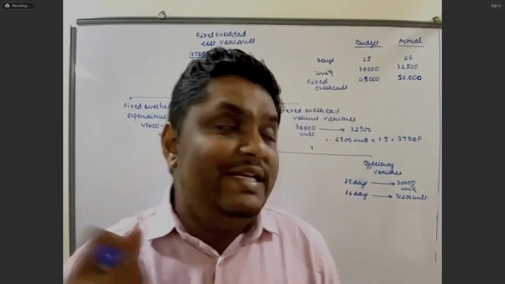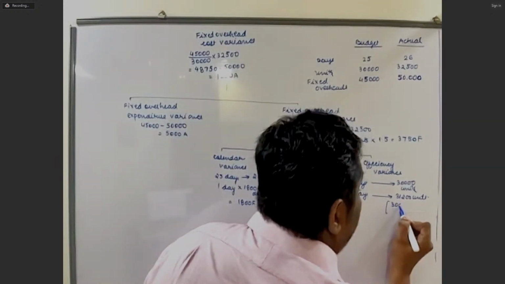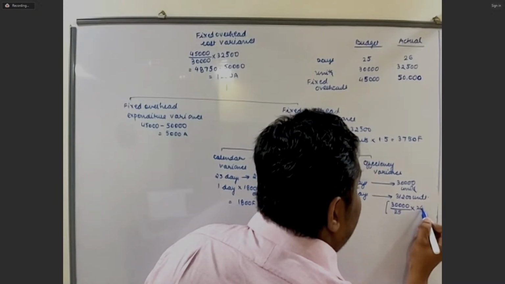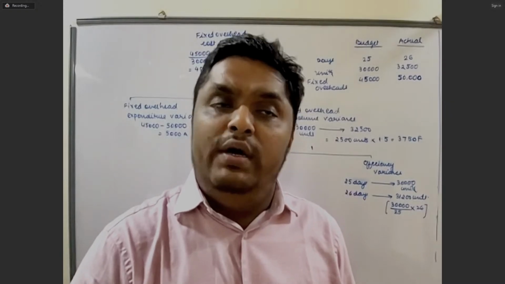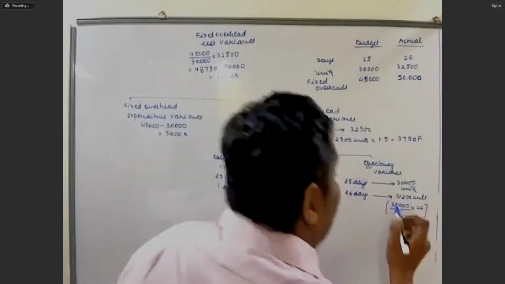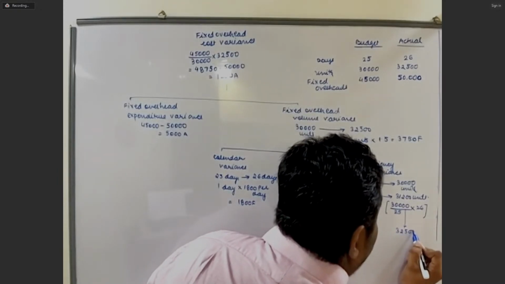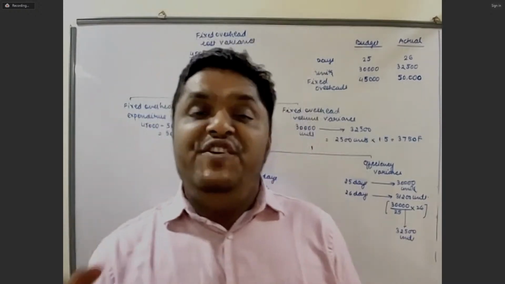So in 26 days, proportionately how many units should be manufactured? 30,000 units in 25 days. So in 26 days, we should have manufactured 31,200 units. However, we actually manufactured 32,500 units. That is, we worked efficiently.